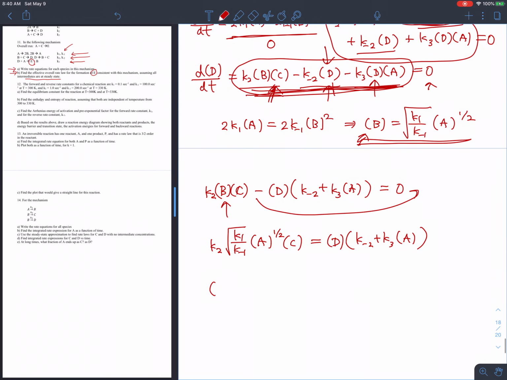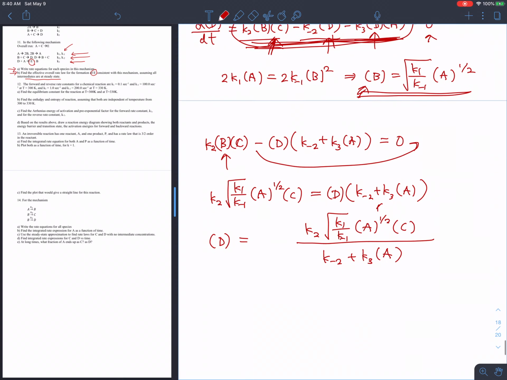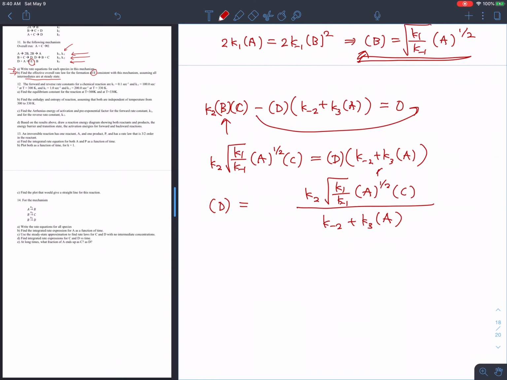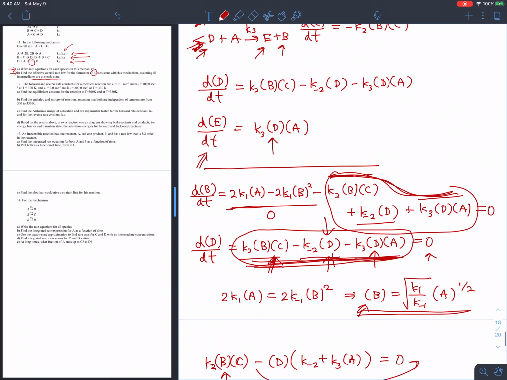And therefore, finally, we have D is equal to k2 times the square root of k1 over k minus 1, A to the 1/2 power, times C, divided by k minus 2 plus k3 times A. All right, so now we have a useful expression for the intermediate that we actually need.